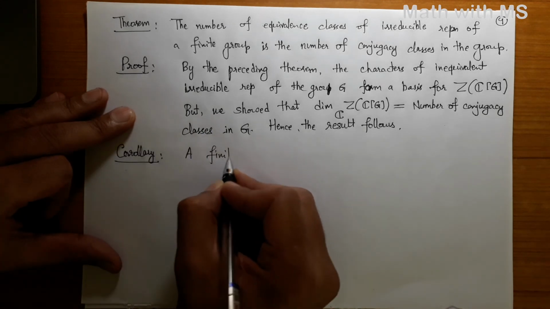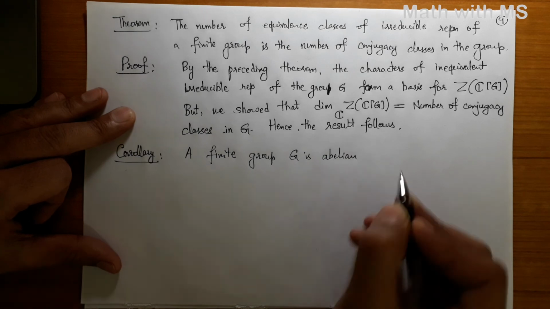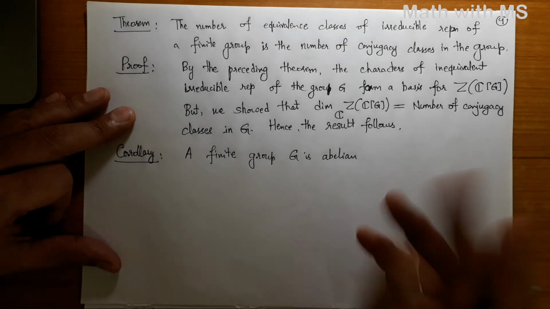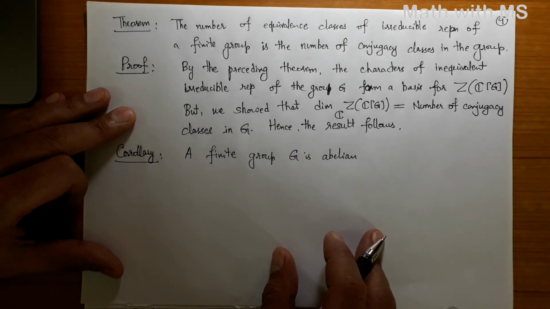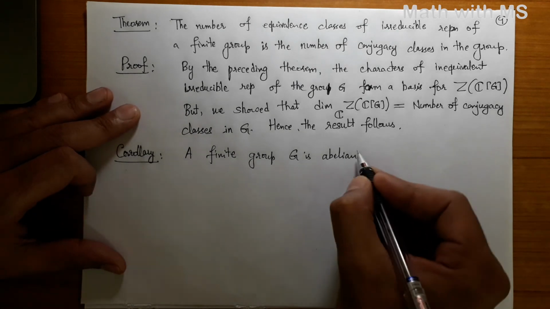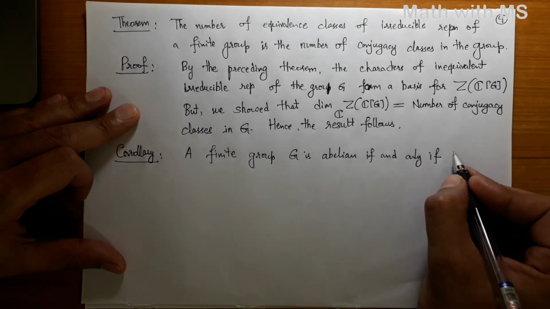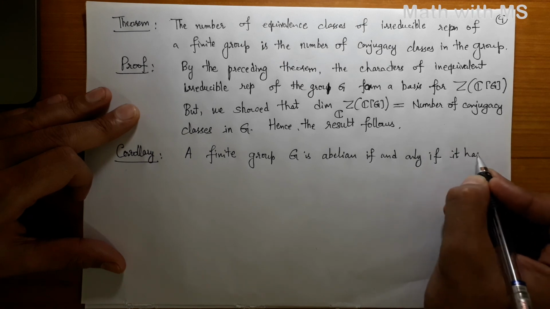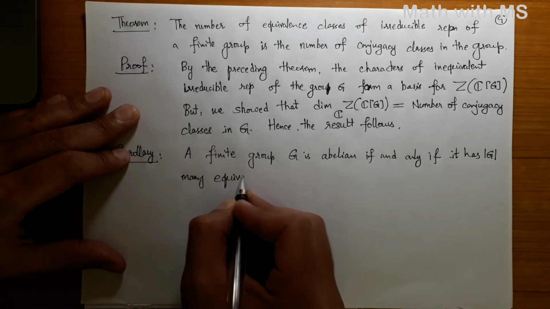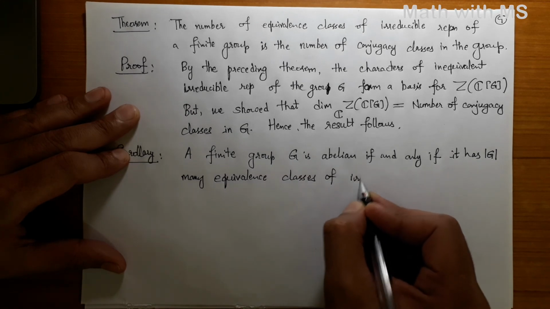A finite group G is abelian if and only if the number of conjugacy classes in the group G is the same as the order of the group G, and by this theorem it is the same as the number of equivalence classes of irreducible representations being the same as the order of the group G. So a finite group G is abelian if and only if it has order of G many equivalence classes of irreducible representations.